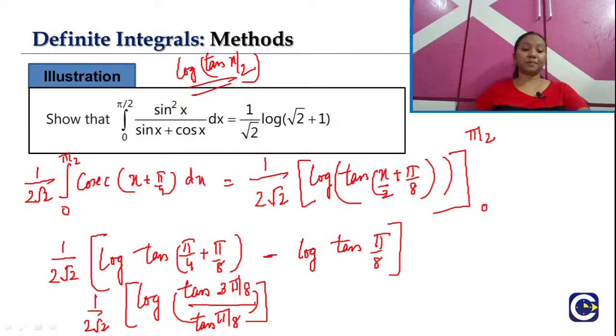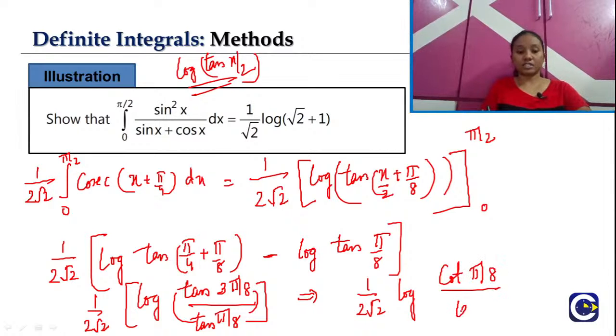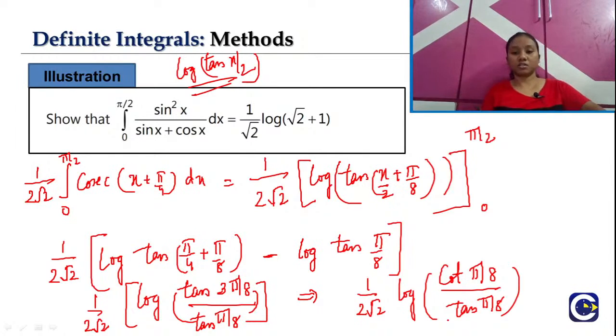And tan 3 pi by 8, by using pi by 2, we can convert that into cot pi by 8 according to our quadrant system. So 1 by 2 root 2 log of cot pi by 8 divided by tan pi by 8, because we can change our 3 pi by 8 to pi by 2 minus pi by 8 and write it in this way.